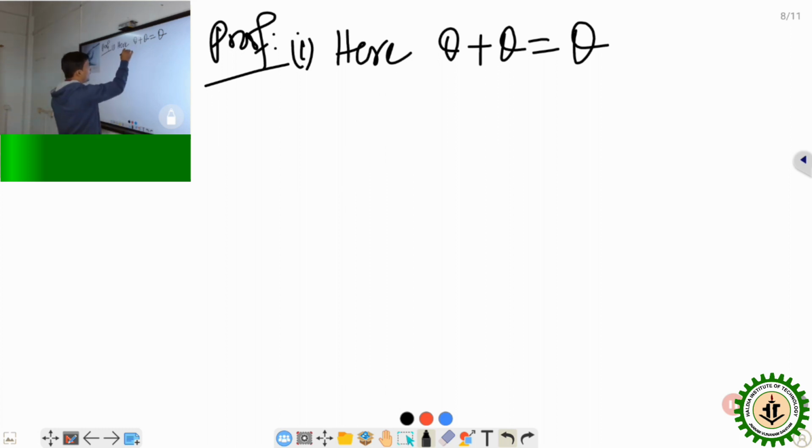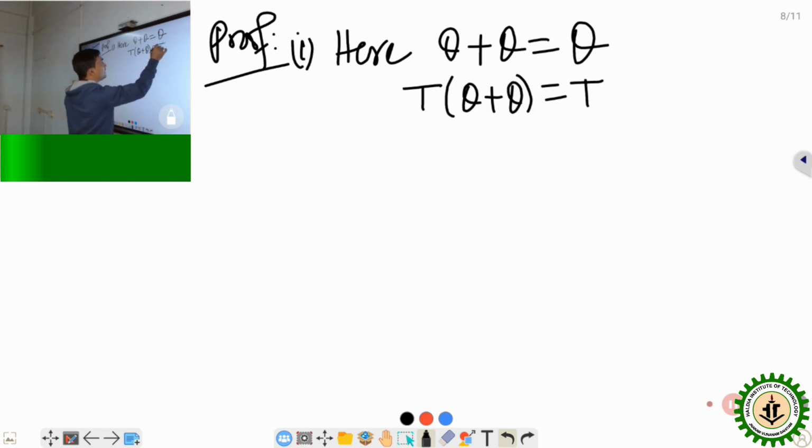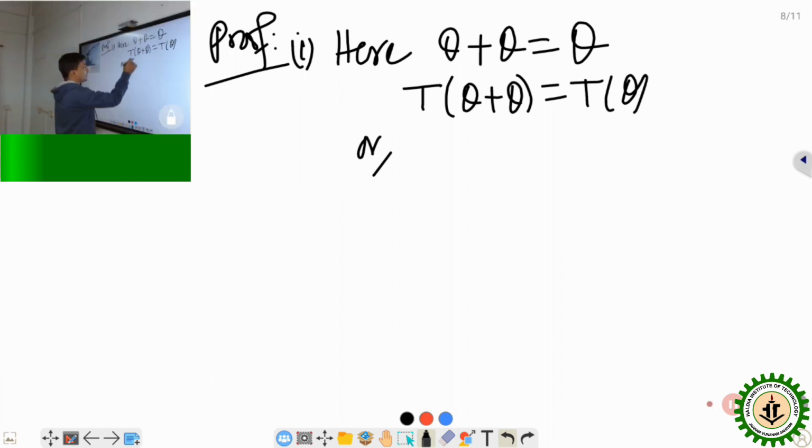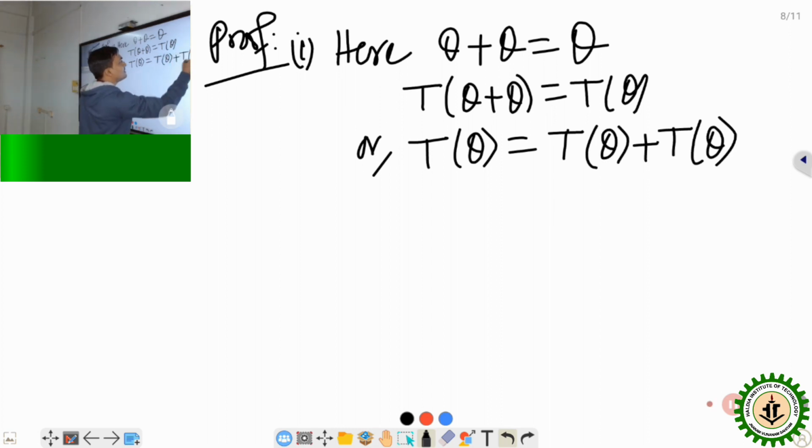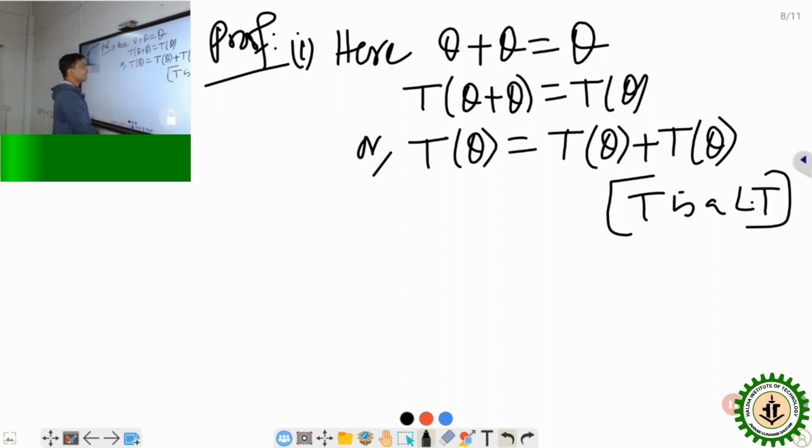Now, if we apply the transformation T over both sides, that will be T of theta plus theta, which is again T of theta. And since T is a linear transformation, we can write it as T theta plus T theta, since we know that T of alpha plus beta is T alpha plus T beta.